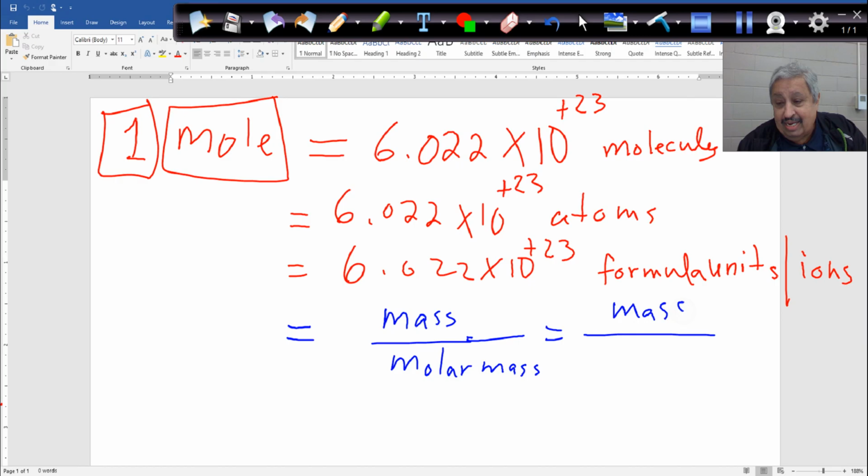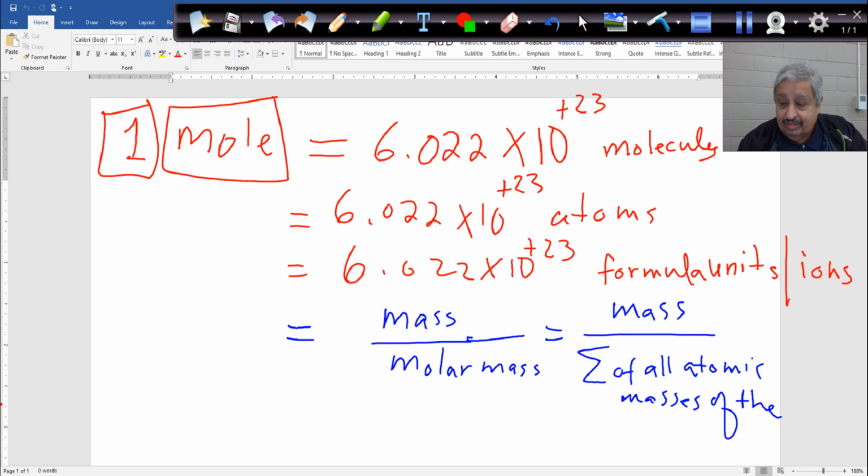The molar mass is the sum of all atomic masses of the elements involved.